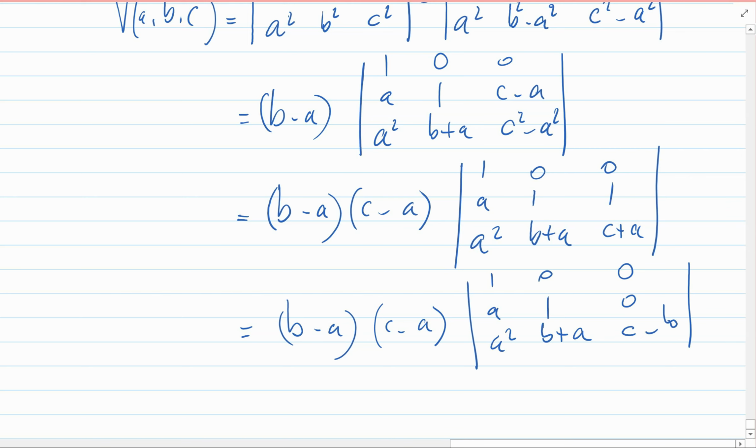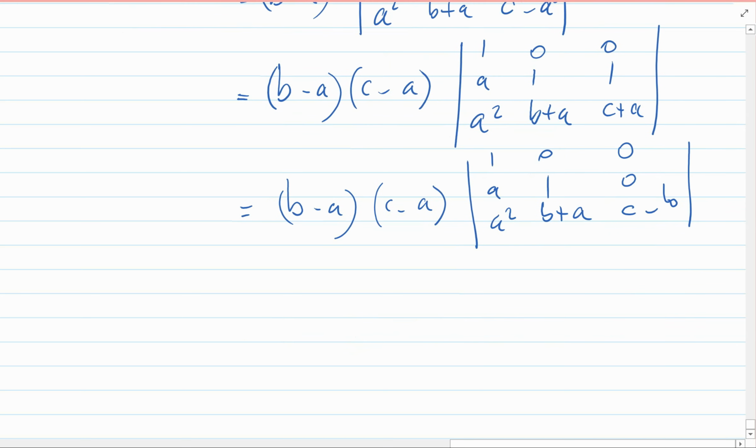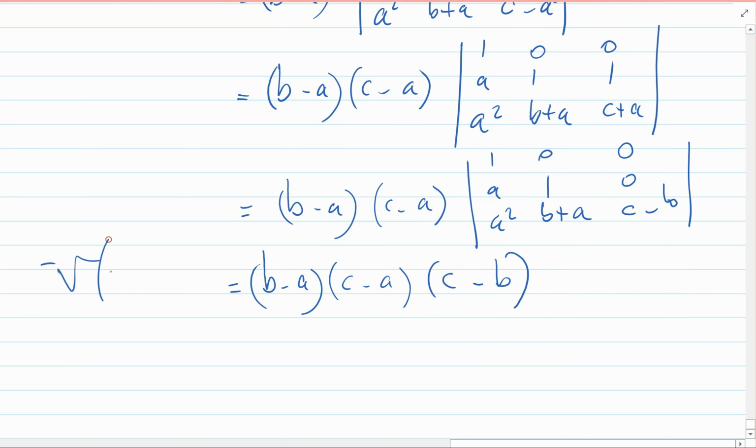Now we have a lower triangular matrix, and we multiply the elements on the diagonal. So the end result is b minus a, c minus a, and c minus b. That's V of a, b, and c.